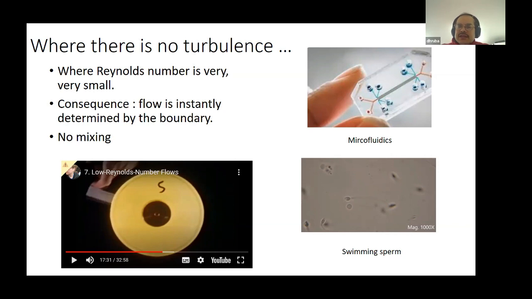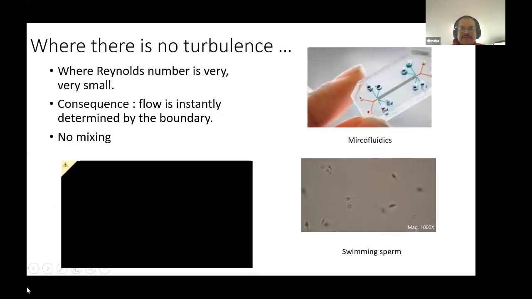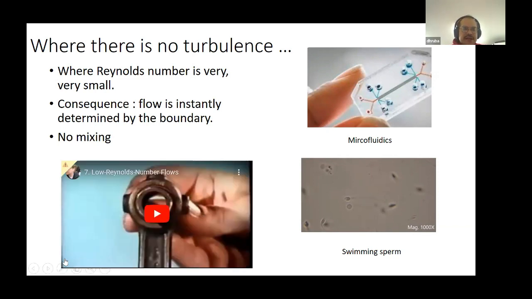Well, I would not say there is nothing interesting, but there is nothing of interest to a turbulence physicist. And this is the regime of microfluidics, or the regime in which, for example, sperm swim and bacteria move. This is the regime of very small scale behavior. Somehow this is okay.